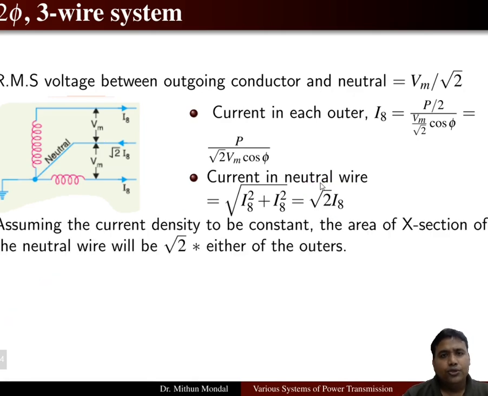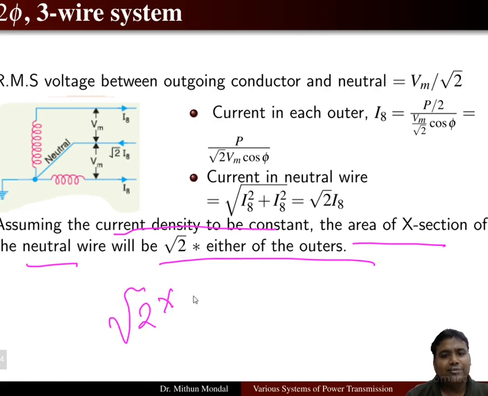Then you assume that the current density is constant, and the area of cross section of the neutral wire is root 2 times either of the outers. So we have made an assumption that the neutral wire is root 2 times the outer, any of the outer. This is the assumption that we have taken for the 2-phase 3-wire system.